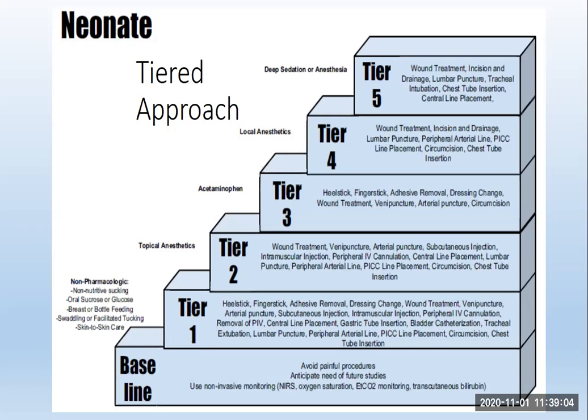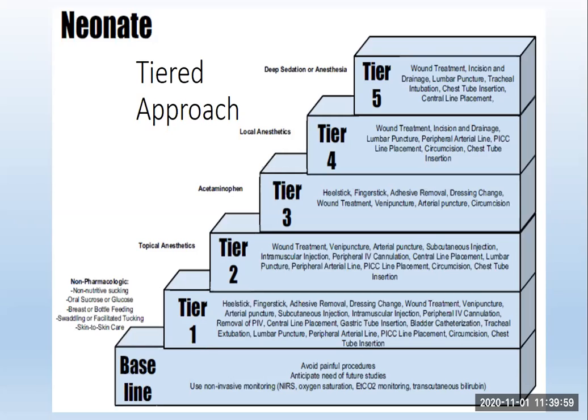So these tier 1 procedures usually get controlled with non-pharmacological measures, like heel stick, removal of the adhesive tape, changing the dressing, treating the wound, venipuncture, even if you puncture the artery for blood gas, giving subcutaneous injection or intramuscular injection, peripheral IV cannulation or removal of the peripheral IV, central line placement, insertion of the gastric tube, catheterizing the bladder, extubation, doing lumbar puncture, inserting the peripheral arterial line or PICC line, circumcision and chest tube insertion can be considered as a tier 1 approach.